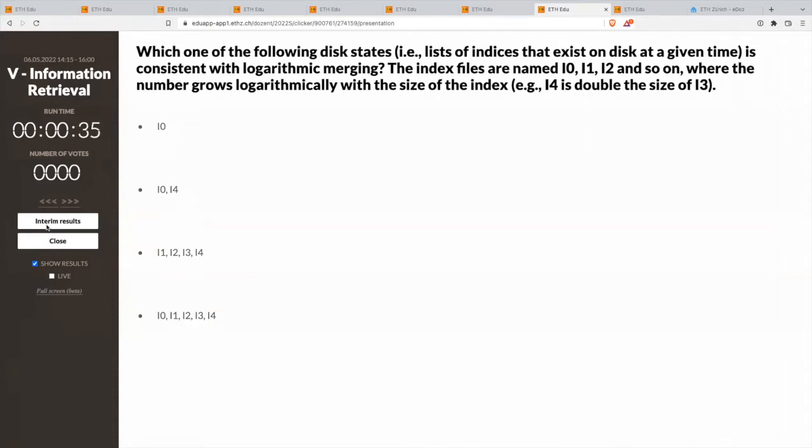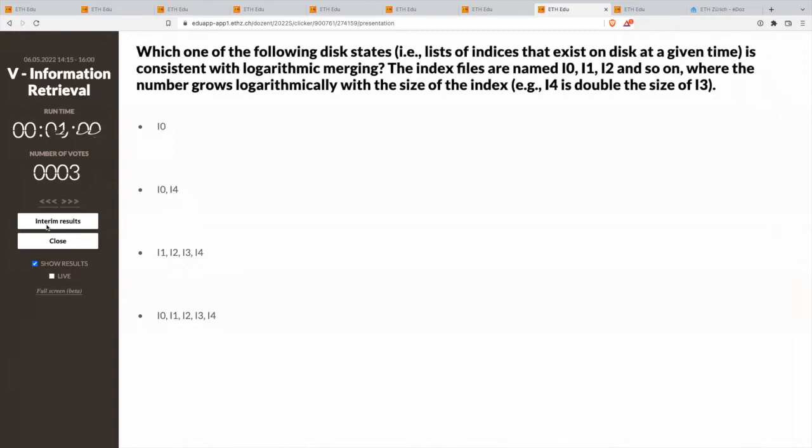merges. And I'm asking you, among the answers that are on the screen, these are file names. I'm just arbitrarily picking one, I0 for the first index, I1 for the double size, I2 for the quadruple size, and so on. I'm looking at a specific moment in time, and I look on the disk, what are the index files in there?